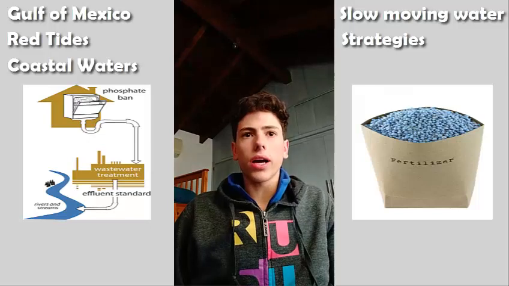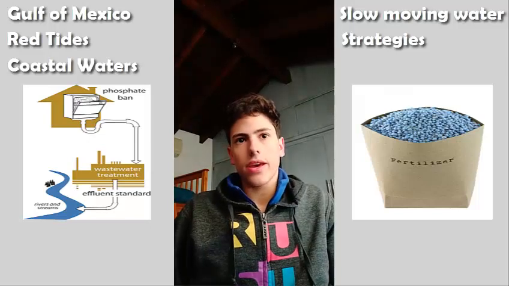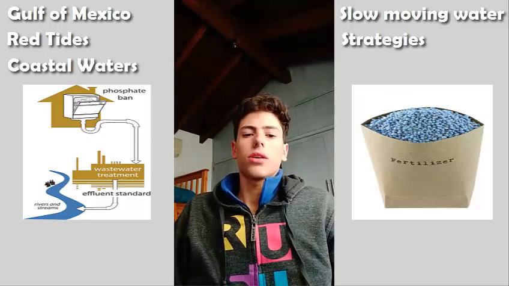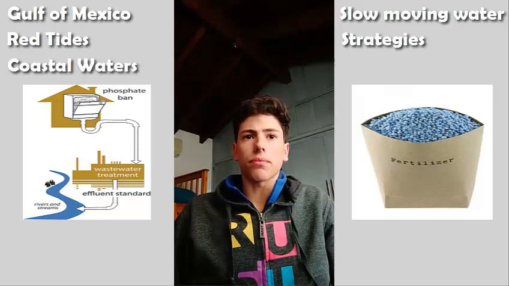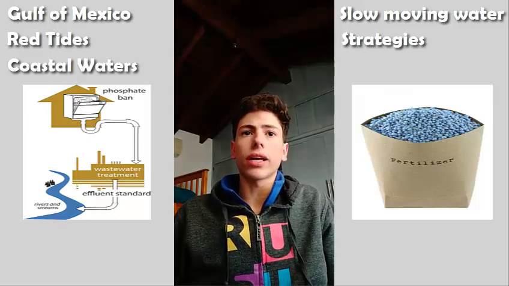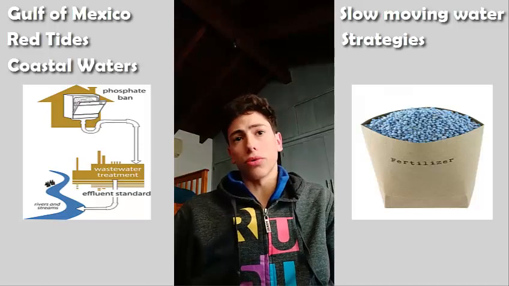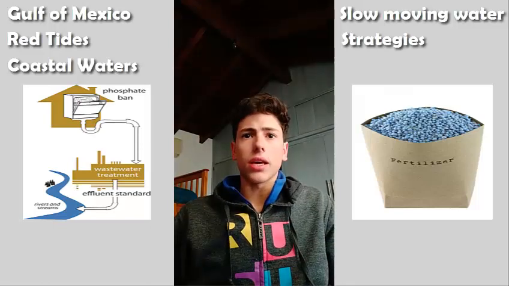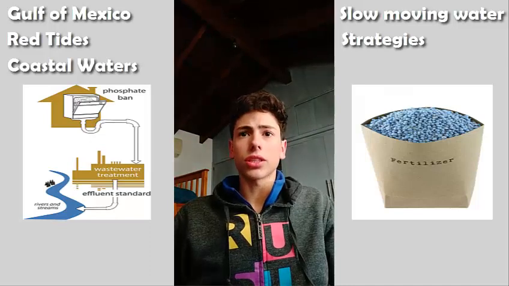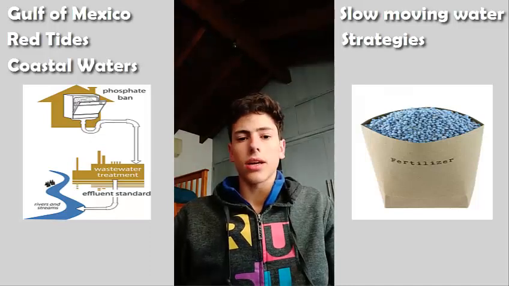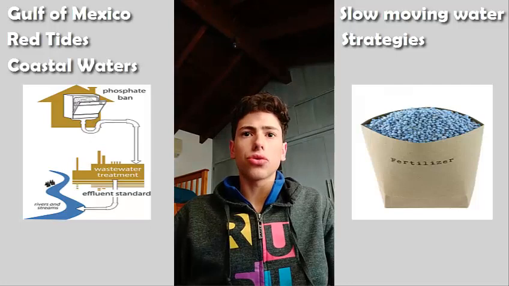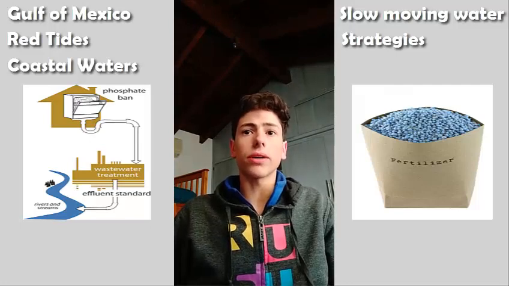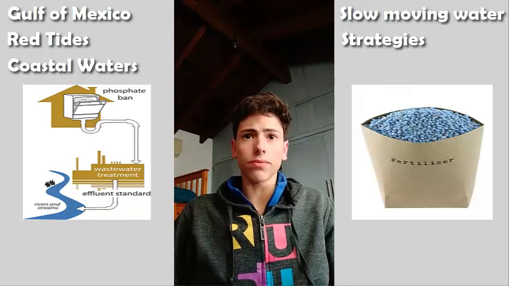Okay, now we have some strategies for reducing pollution. First, we have to alter the human activity that produces pollution. Some examples can be to ban or limit detergents with phosphates. Then we can use eco-detergents with no phosphates or new technology in washing machines.